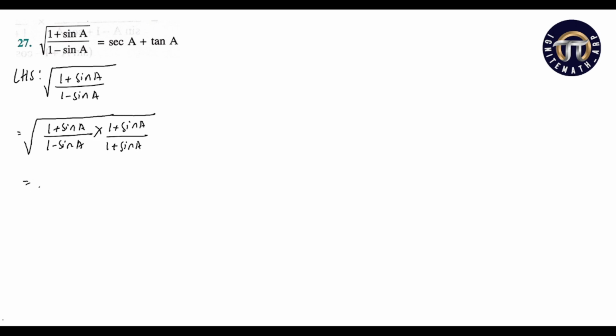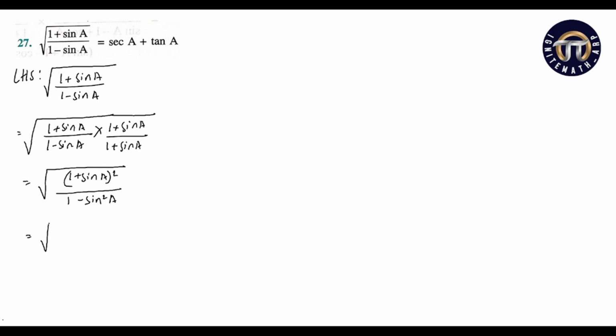So numerator becomes 1 plus sin A into 1 plus sin A, 1 plus sin A the whole square, by, if you observe the denominator, it looks like a plus b, a minus b, that is 1 minus sin square A.